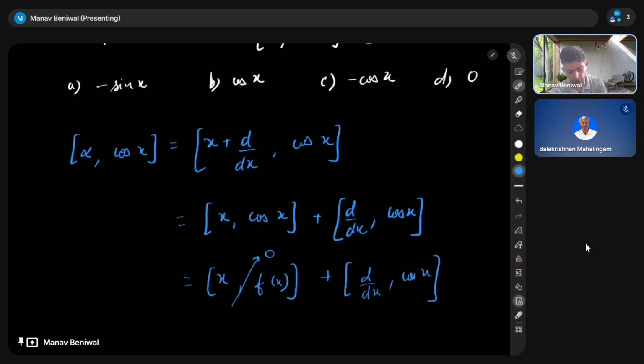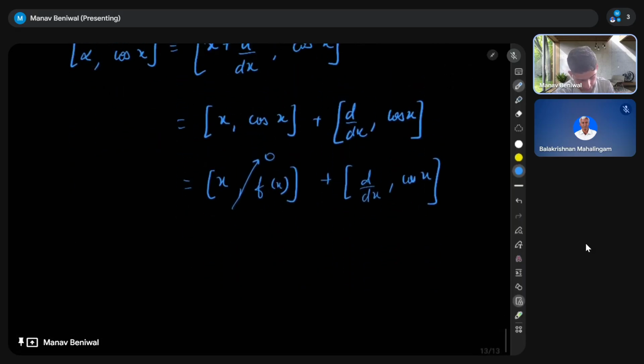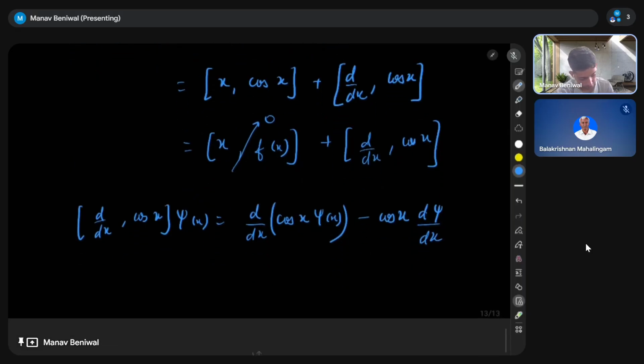And let's find out what this second commutator is. So if we operate this commutator on some dummy wave function, let's say psi of x, so we will get d/dx of cos x psi x, and minus cos x d psi over dx, right?